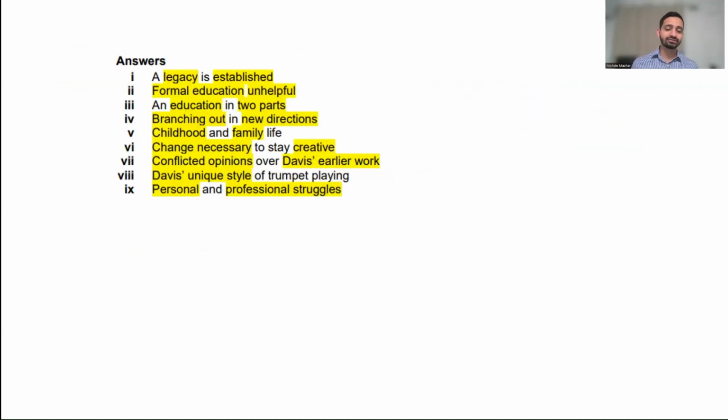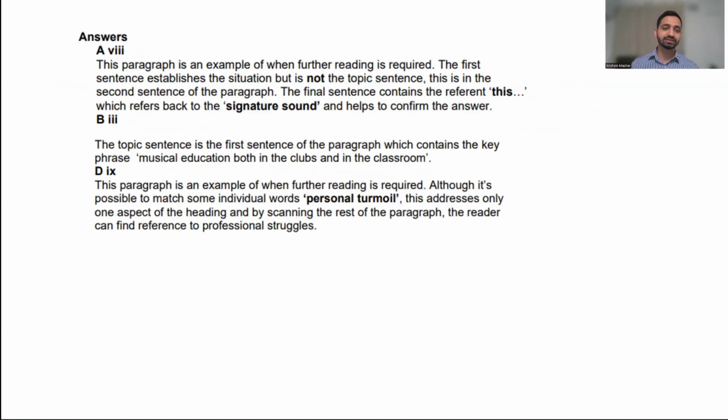It's not enough. For example, I go back to the explanation here. This paragraph is an example of when further reading is required. You do need to read further to be able to match it. The topic sentence is not enough for you to get the full answer, right? So that's the reason why you might have been struggling to get the answer.